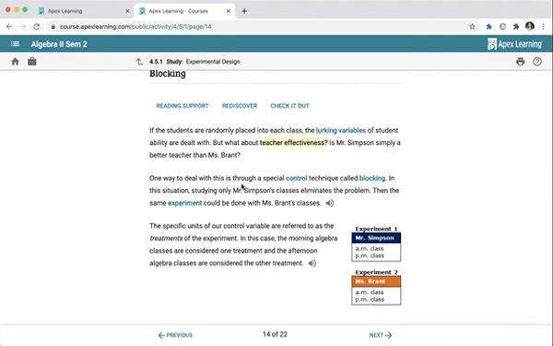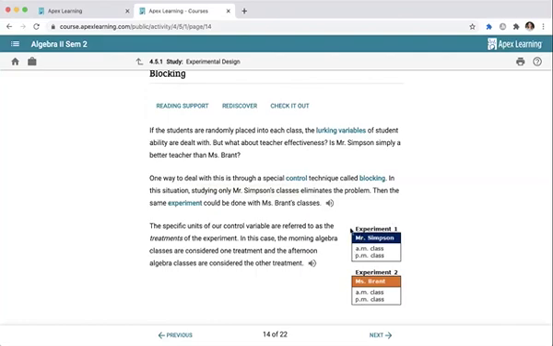So one way to deal with this is through a special control technique, obviously called blocking. If we only are studying Mr. Simpson's classes, this eliminates the problem. Then we do the exact same thing with Miss Brandt. What they're saying is we block all of Mr. Simpson's classes together.